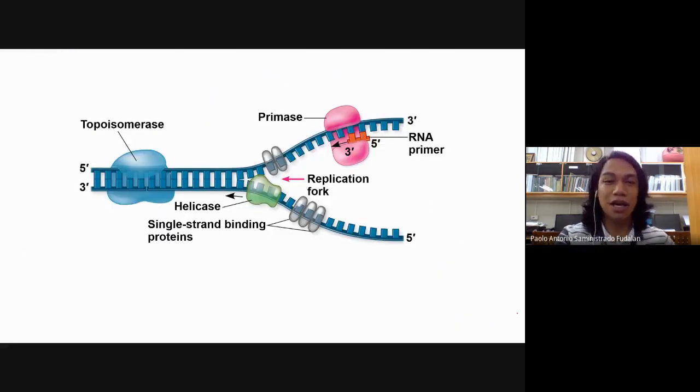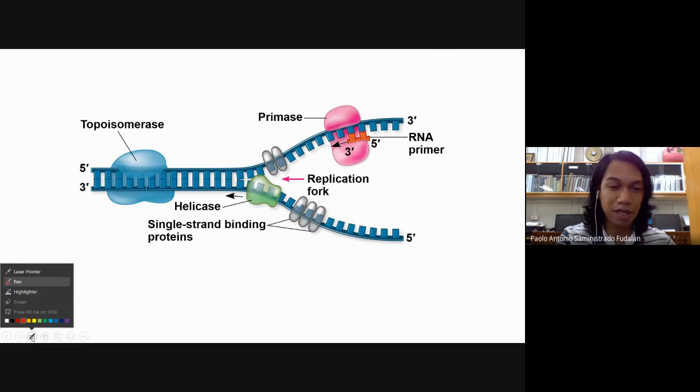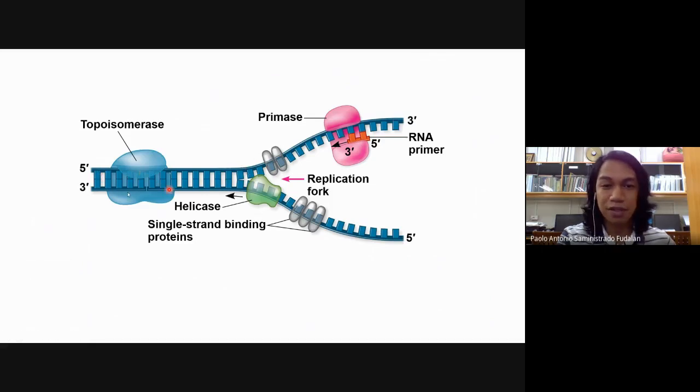Okay, so this is detail on the replication fork. If you can remember the replication fork, the DNA will open with the help of helicase, but to keep it stable also, so that the DNA does not tangle in this portion, there is a topoisomerase.